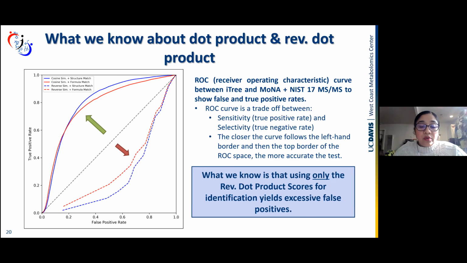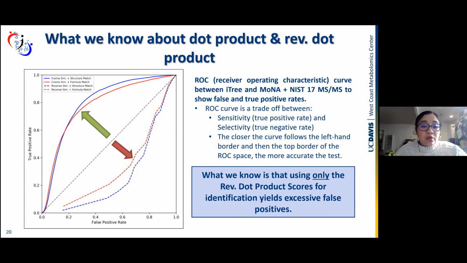A ROC curve, as a reminder, is a trade-off between sensitivity and selectivity. The closer the curve follows the left-hand border, up here where this green arrow is, the more accurate the test is. What we can see here is that when you only use the reverse dot product score, that tends to lead to excessive false positive rates.